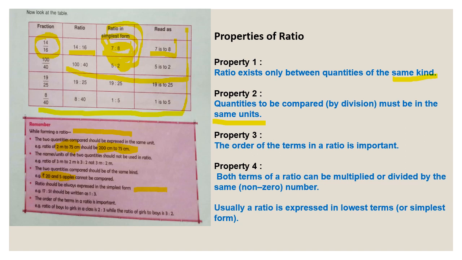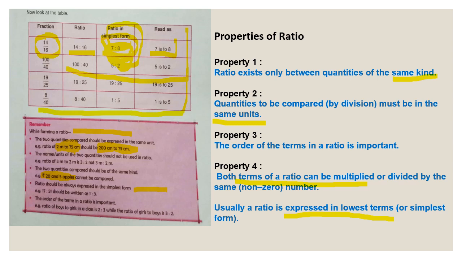Property 4: both terms of a ratio can be multiplied or divided by the same number. In a given ratio, you can multiply or divide the first number and second number by the same thing. Next, usually a ratio is expressed in the lowest terms. So these are the main properties of the ratio.